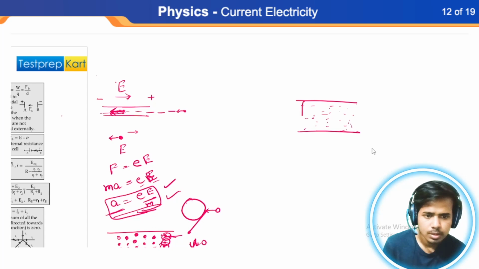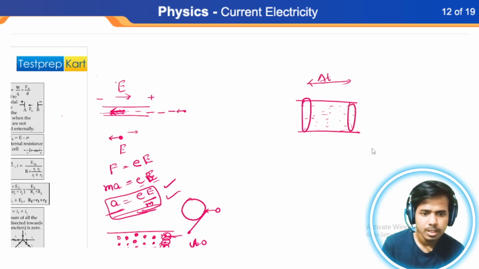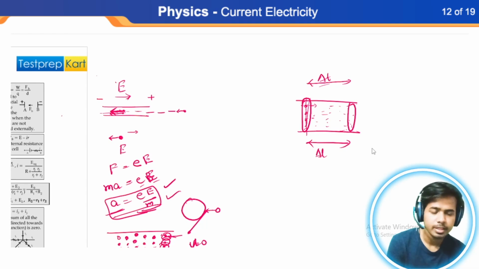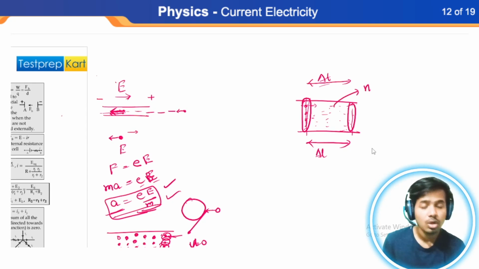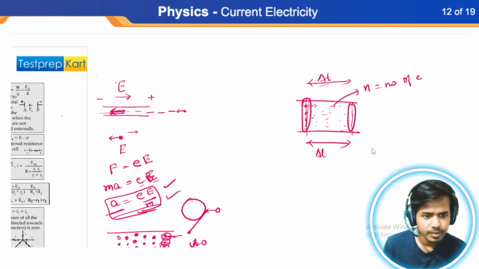If I consider this as a cross section, and during a time delta t, the electrons that were there have crossed this much length, delta L, in delta time t, and they have reached here. All right, and n is not the number of electrons, it is the number of electrons per unit volume.